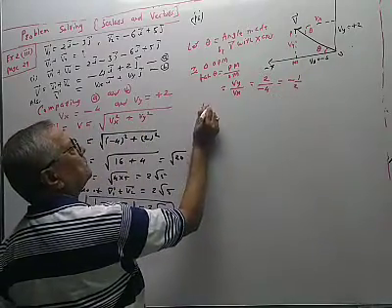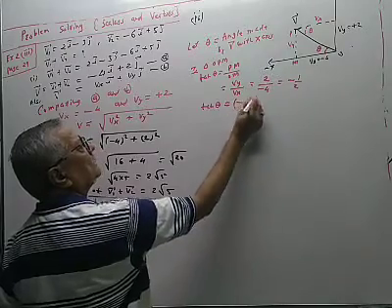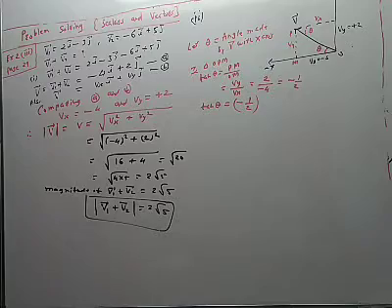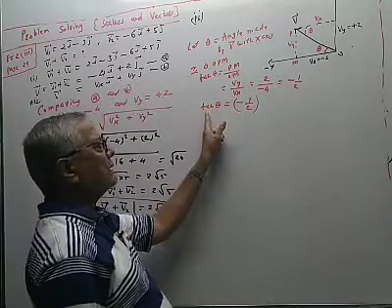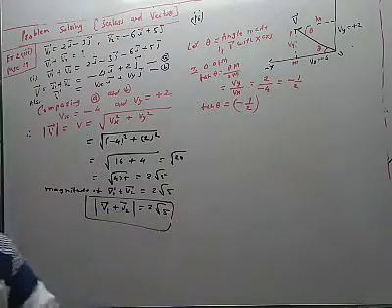So tan theta is equal to minus 1/2. So when we want to find theta, we have to take the tan inverse. So that tan inverse is written like this.